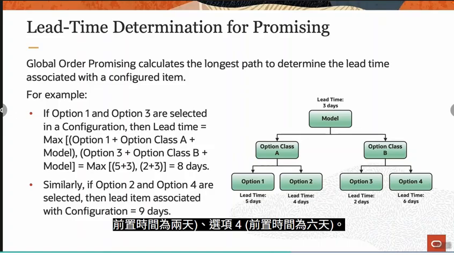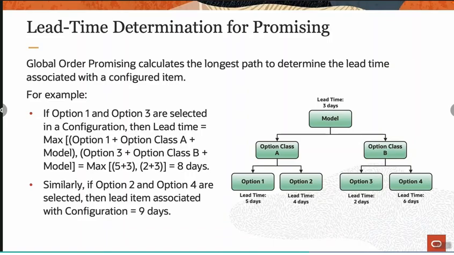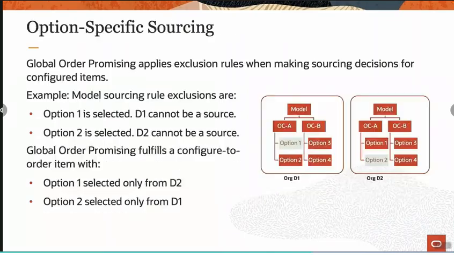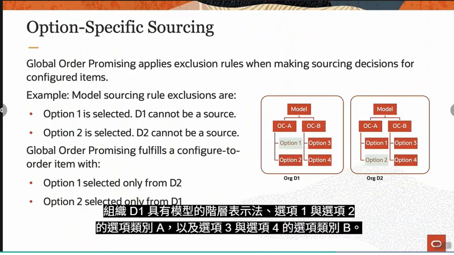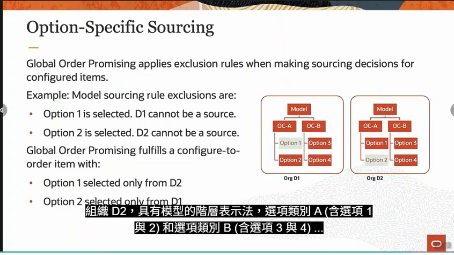This shows model sourcing rules exclusions. Organization D1 has a hierarchical representation of a model, option class A, and option class B with options 3 and 4. All elements of the hierarchy are noted in red except option 1, which is selected. Organization D2 has a hierarchical representation of a model, option class A with options 1 and 2, and option class B with options 3 and 4.